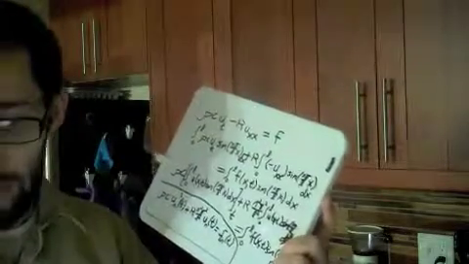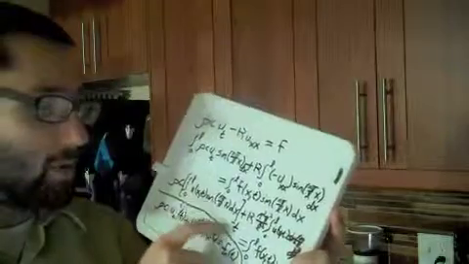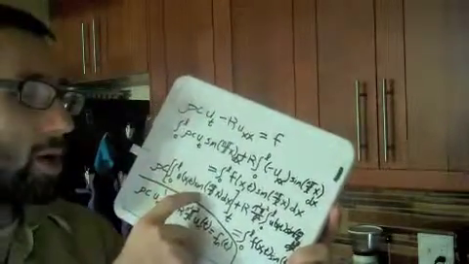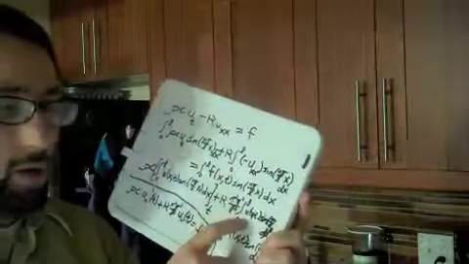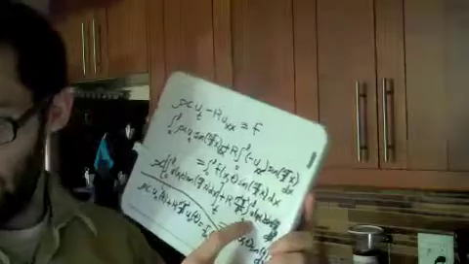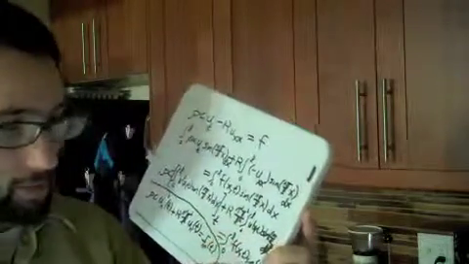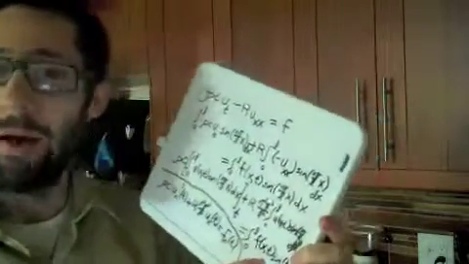The first one is the time derivative, the time derivative comes out. These are exactly the Fourier coefficients of u. These are also exactly the Fourier coefficients of u. And the last one is exactly the Fourier coefficients of f.